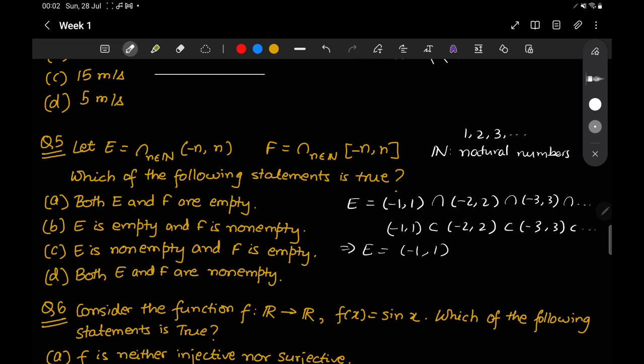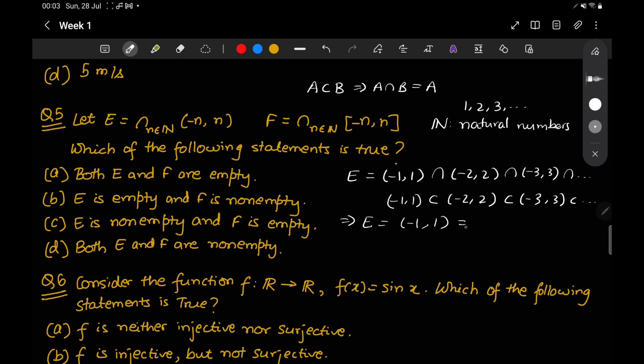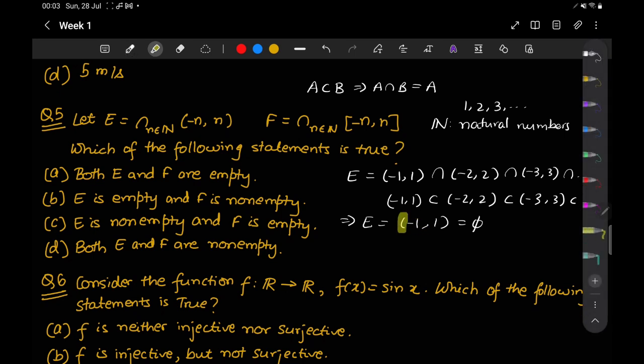Meaning if A is a subset of B, then A intersection B will actually be equal to A. This is what I am trying to say. Now this is actually equal to the null set, because these parentheses are actually open brackets, meaning the endpoints are not included.